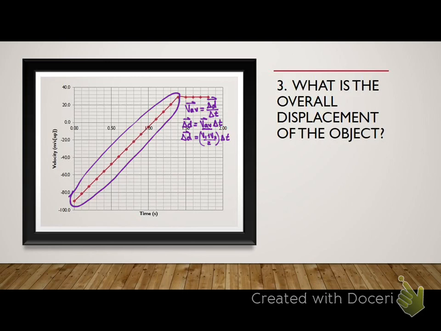So I'm going to take a look at that, and I know I can pick out my V1 here, and then I can go at the very end of this linear section and figure out my V2. And then I know my time frame during that section of line is going to be 1.4 seconds. So I'm going to plug that information in.